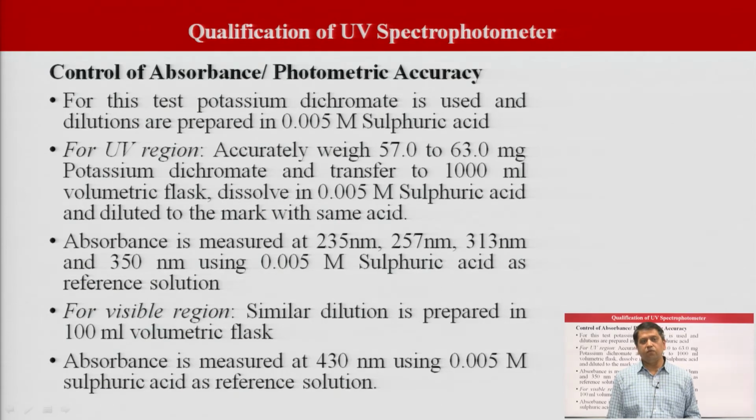But for the visible range, that is above 400 nanometer, a similar dilution is prepared in a 100 ml volumetric flask rather than a 1000 ml volumetric flask. In this case, absorbance is measured at 430 nanometer using 0.005 molar sulfuric acid as the reference solution.